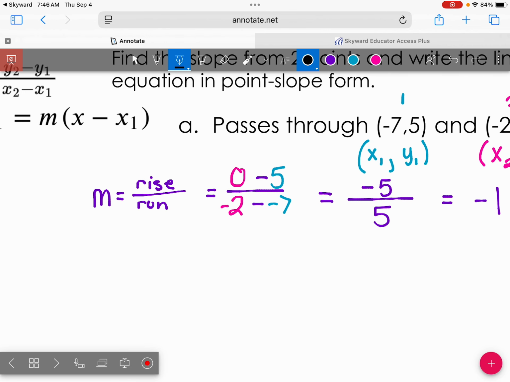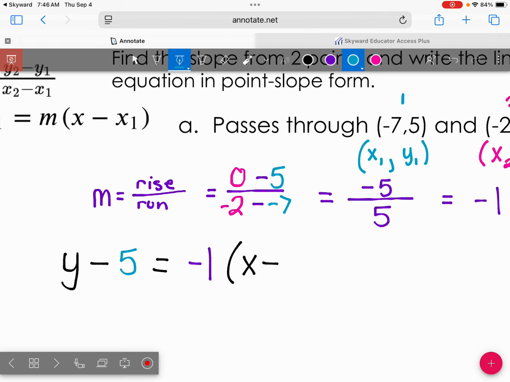So we're going to have our y minus, and I'm going to use point 1 first just because that's the one in the formula. So I'm going to have my y minus my y1, which was 5, equals our slope m, which was -1, times our x minus x1, minus -5.